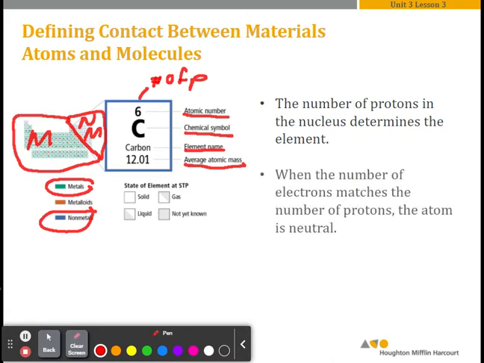The number of protons can only change in a nuclear process. So, you've heard of nuclear explosions, nuclear reactors. These are often very highly energetic processes. They're not like chemical reactions.